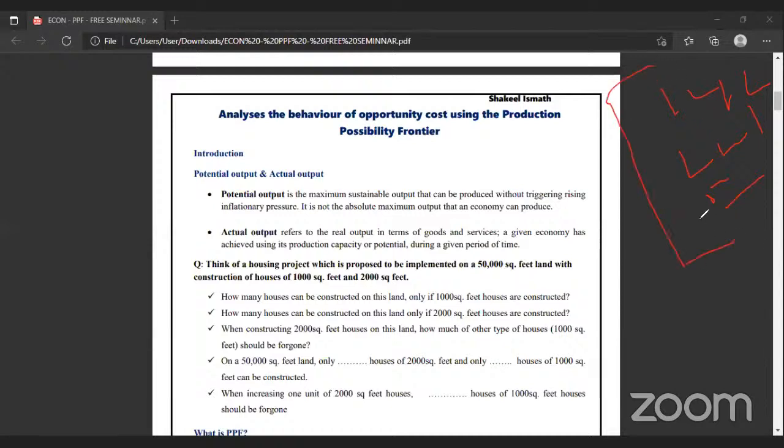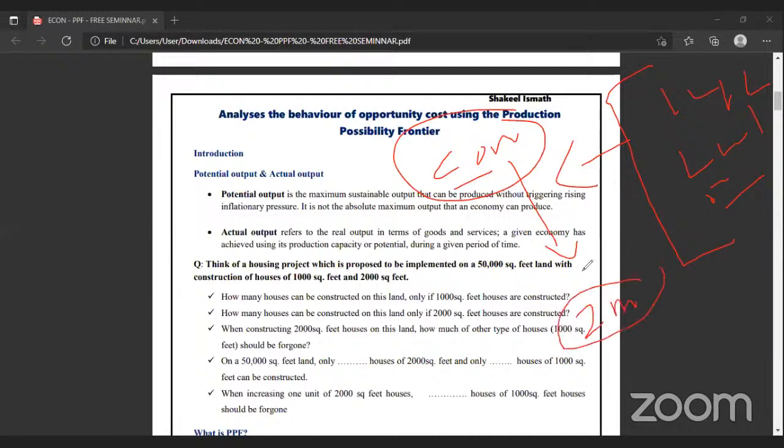If we utilize all these resources to produce only consumer goods, we can produce, for example, 2 million value of consumer goods. Or else, if we utilize all these resources to produce only capital goods, not consumer goods, we can produce 1.5 million value of capital goods.